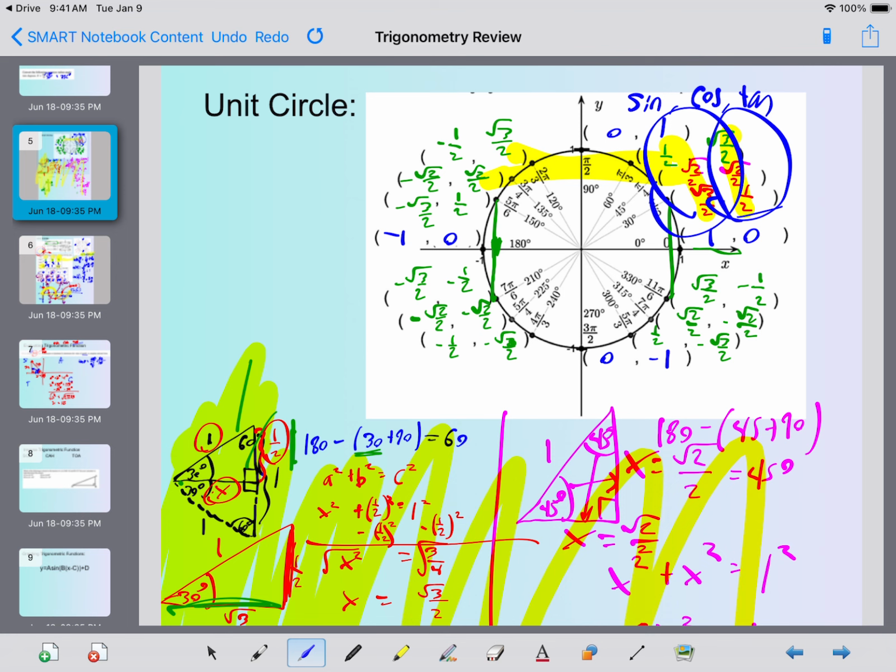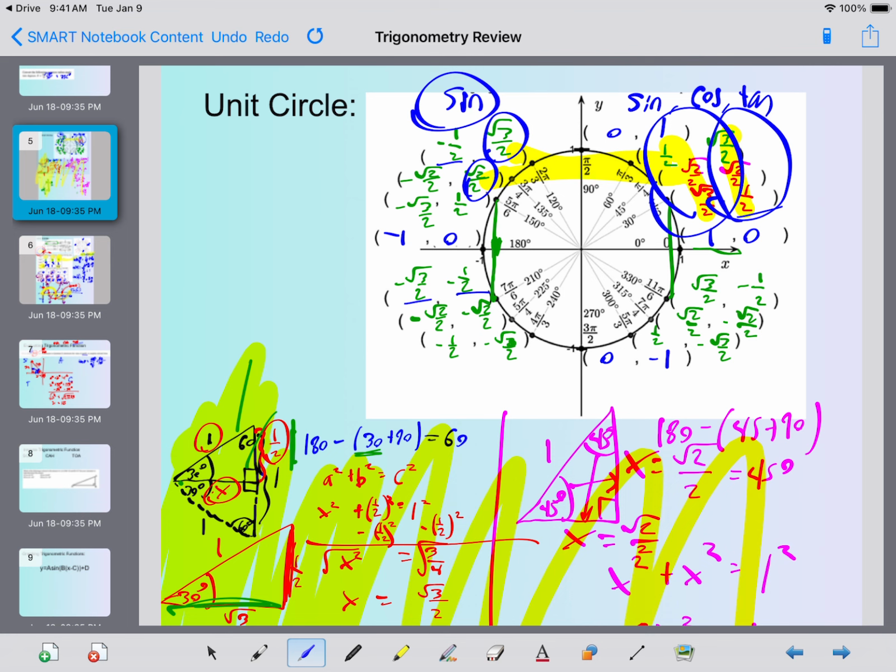What about here? The only thing that's positive is the y value. We said that your sine is your y value. So sine is positive, cosine is negative, tangent is sine over cosine. So positive divided by a negative, that's negative. So only sine is positive here. What about this? Sine is negative, cosine is negative.